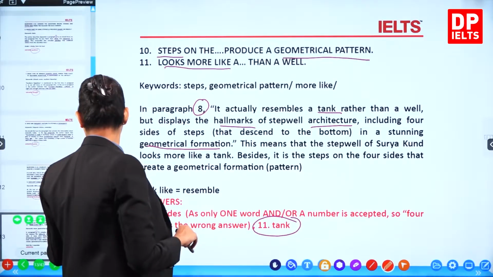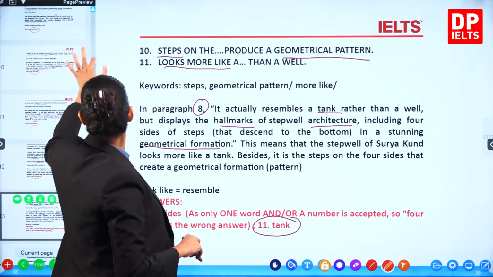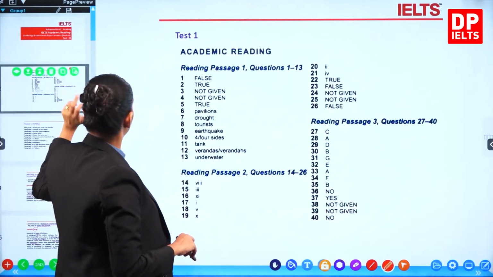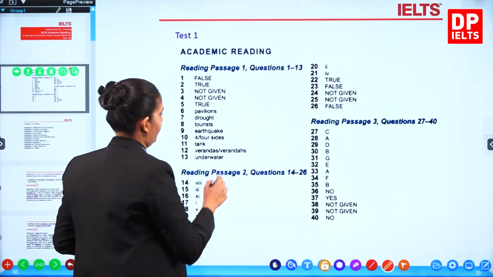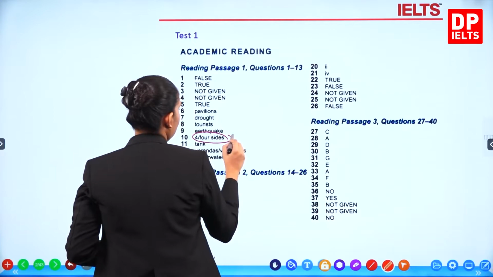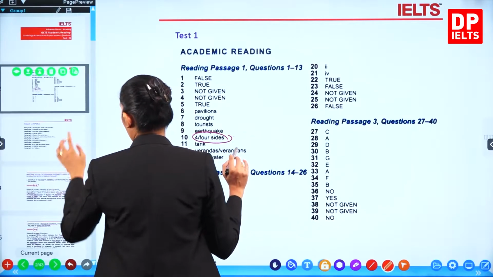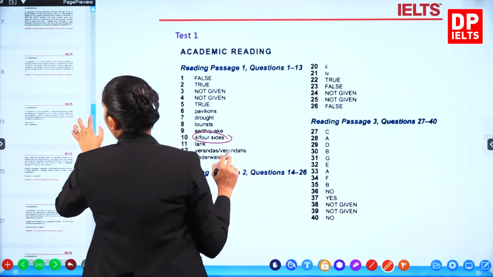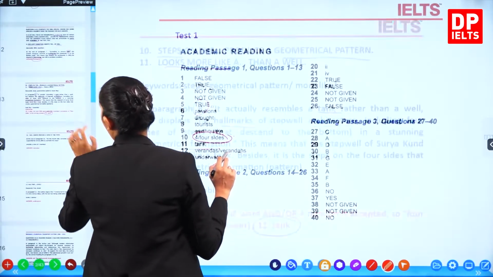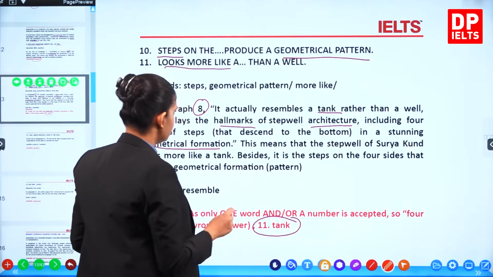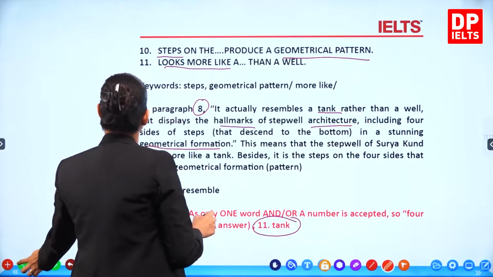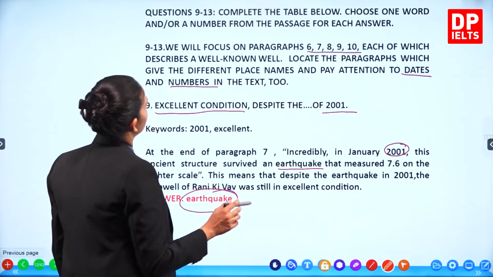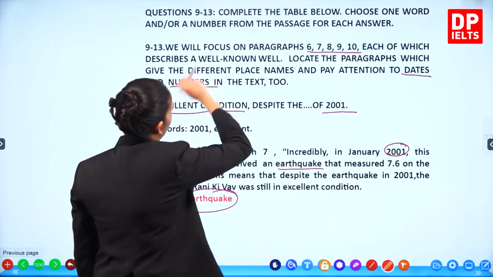Now remember here, can you see here? Even though it's like this, I wanted to touch on that. If you come to your answer, it's asking you for one word. Can you remember the question? Choose one word and/or a number.